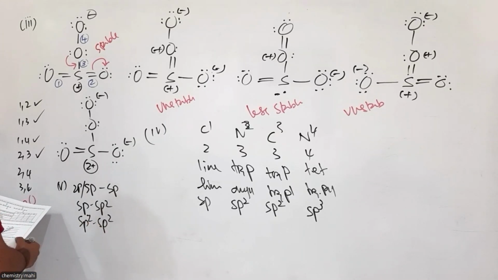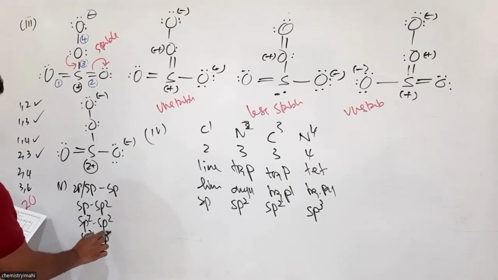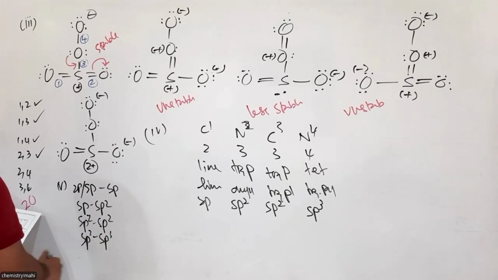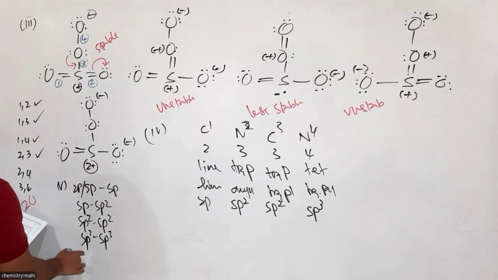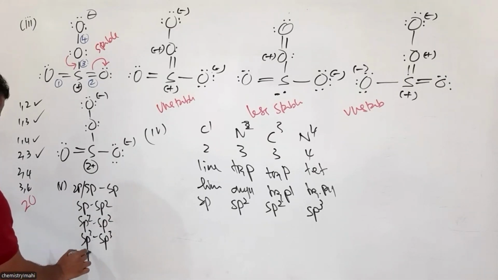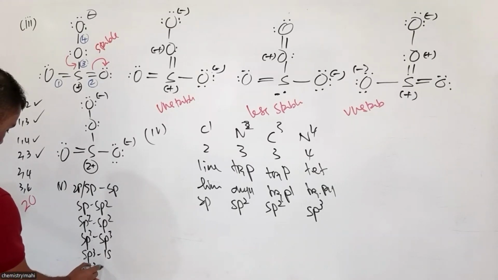Next, C3 and 4, it is sp2, sp3. N4-H, C-N4, sp3, H means 1s. sp3, 1s. C3-H, C3 means sp2, sp2, 1s. sp2, 1s.